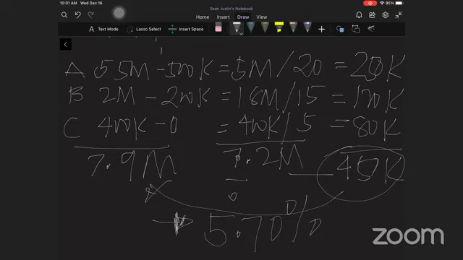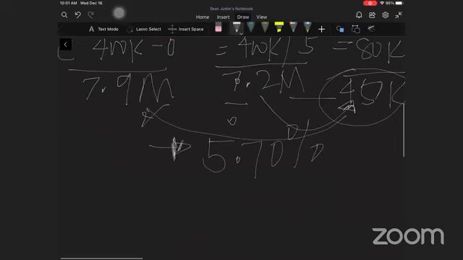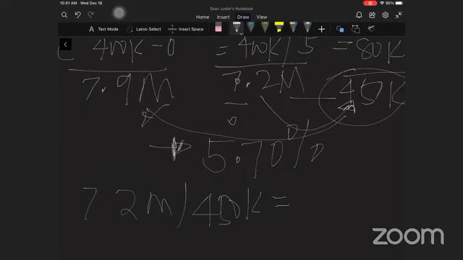So the formula: total depreciable amount divide by 450,000 annual depreciation. That's 7.2 million divide by 450,000. Therefore, the composite life is 16 years.